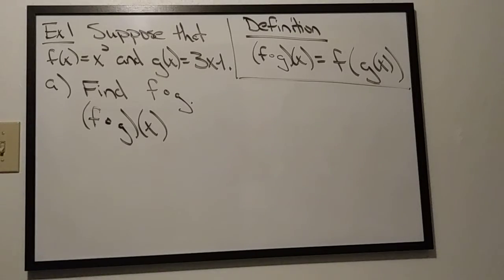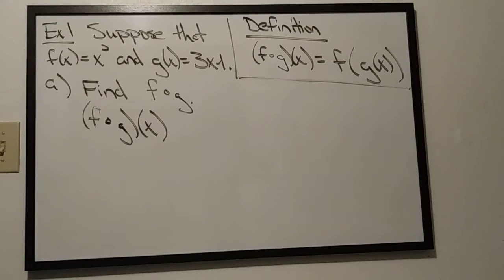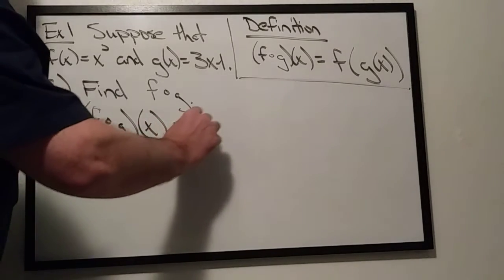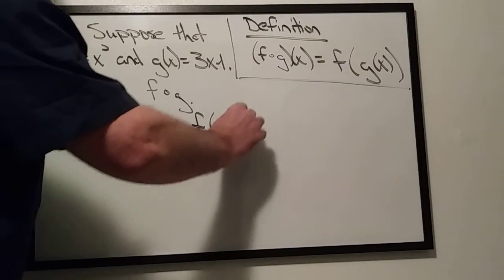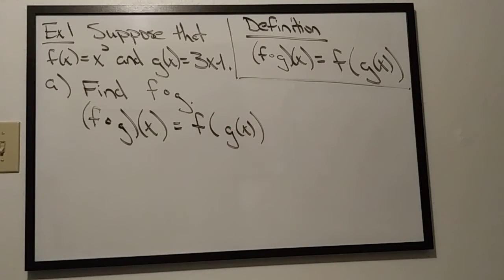Now the second step of the problem is to use our definition. We know that f composed with g of x is in fact f of g of x. So now as I look at this problem, I have layer upon layer of parentheses. And if you think about the order of operations, when you have multiple layers of parentheses, you start on the inside and you work your way out.